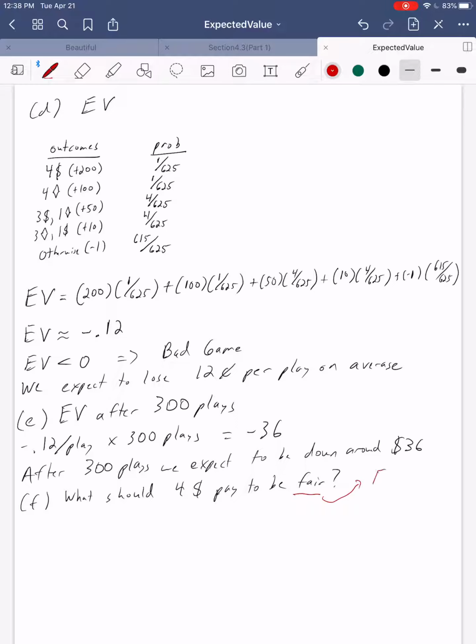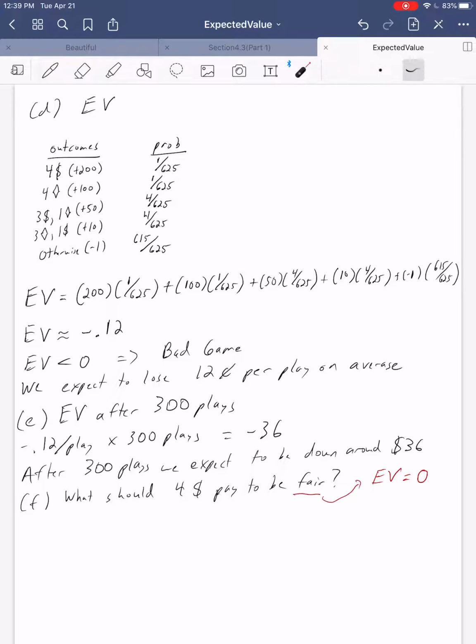Fair in this context means that the expected value needs to be 0. So we want to modify this payout to make the expected value 0. Since the game is bad, this is too low, so whatever our answer is should be higher than $200. Let's see how to solve it.